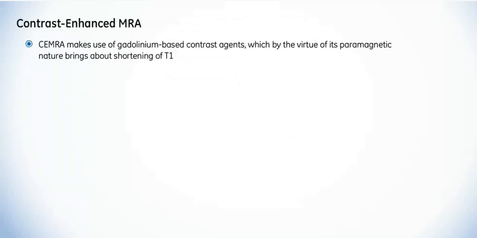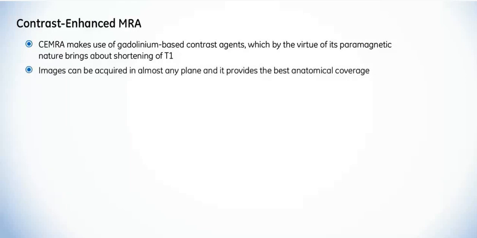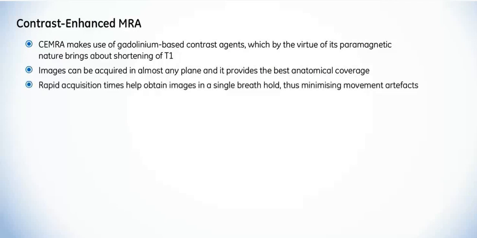CEMRA makes use of gadolinium-based contrast agents, which, by virtue of its paramagnetic nature, brings about shortening of T1. Images can be acquired in almost any plane, and it provides the best anatomical coverage. Rapid acquisition times facilitate in obtaining images in a single breath hold, thus minimizing movement artifacts.